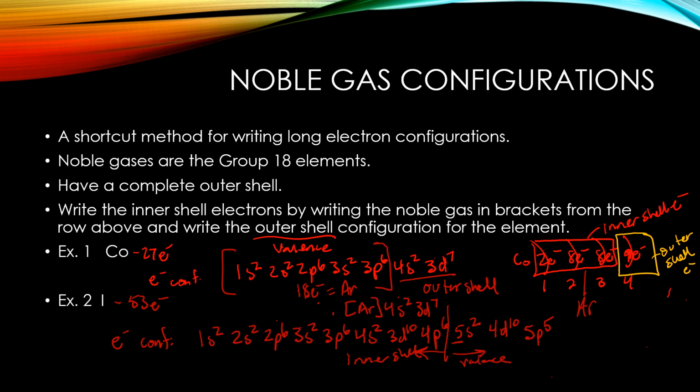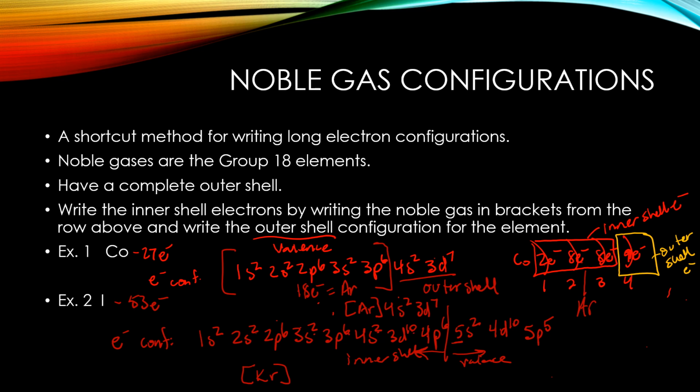So if I'm writing the noble gas configuration, I would represent the element that's a noble gas in row 4, which happens to be krypton. Krypton's atomic number is 36: 2 plus 2 is 4, plus 6 is 10, 12, 18, 20, 30, 36, getting to the 4p6.